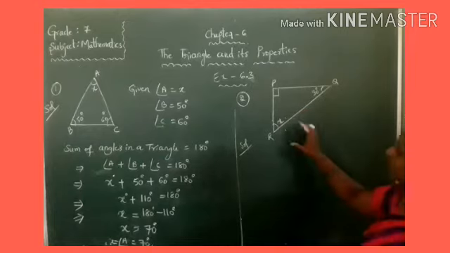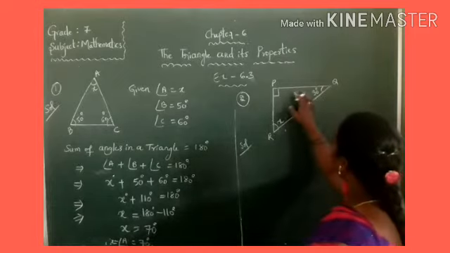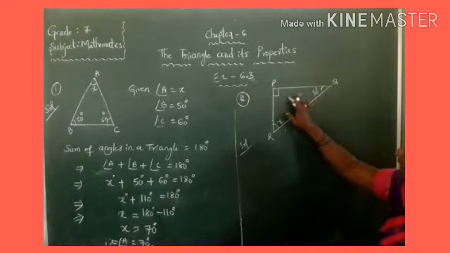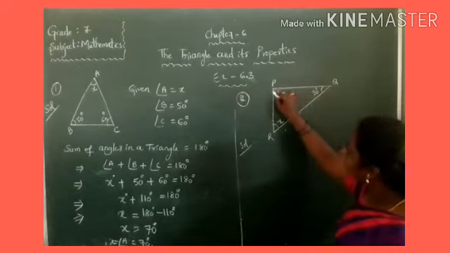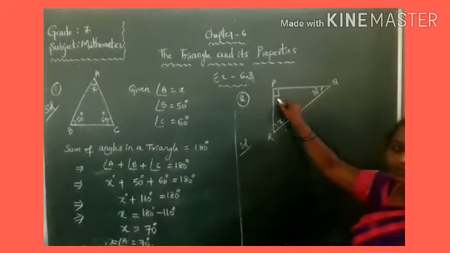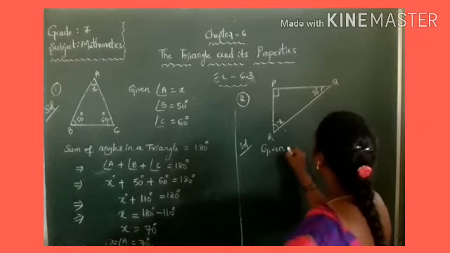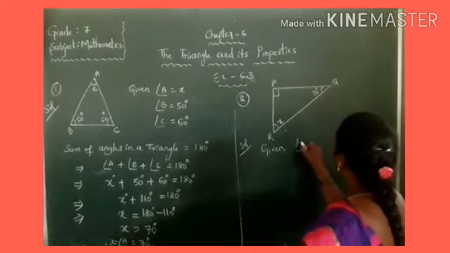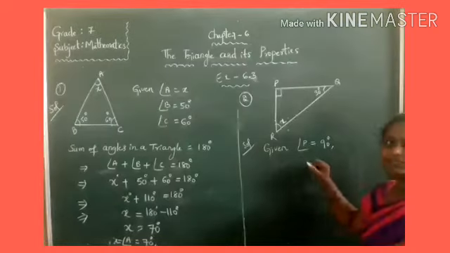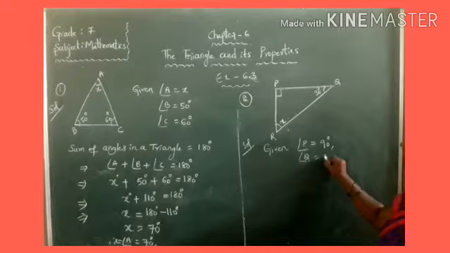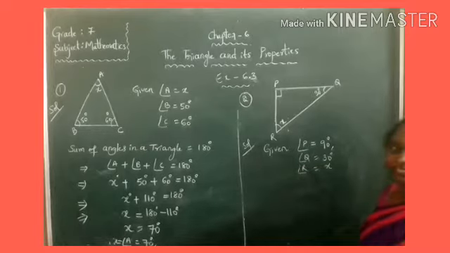We have to find this x value. One angle is 30 degrees. One more angle is where? Yes, in the figure, a right angle at P. A right angle means 90 degrees. So first write, given angle P is equal to 90 degrees, angle Q is 30 degrees, angle R is equal to x degrees.